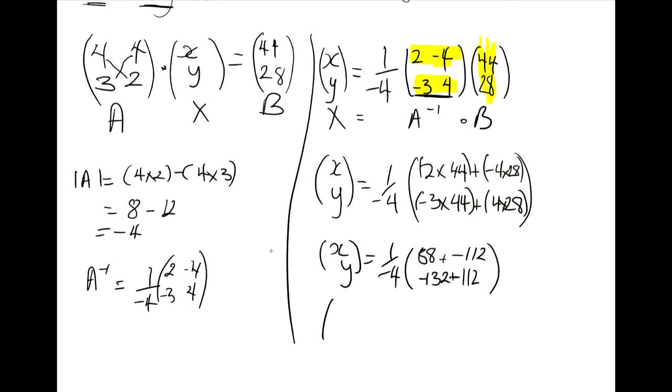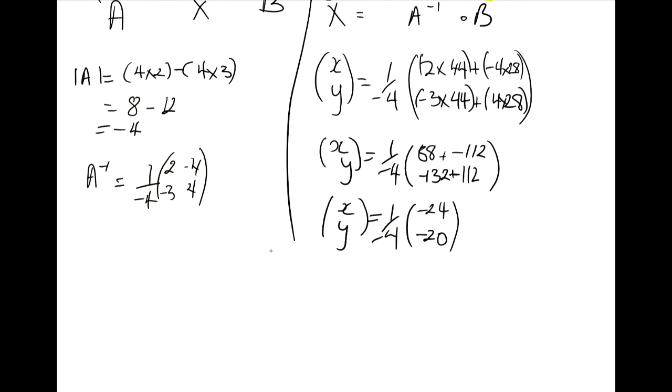Now we can simplify this a bit. 88, this plus minus becomes a minus, so it's 88 minus 112, and that gives you negative 24. And negative 132 plus 112 gives you negative 20.